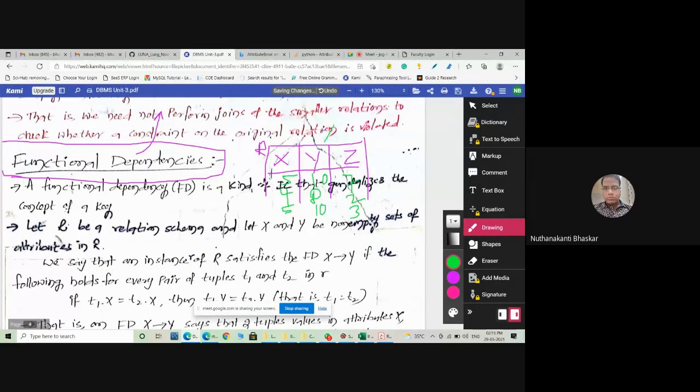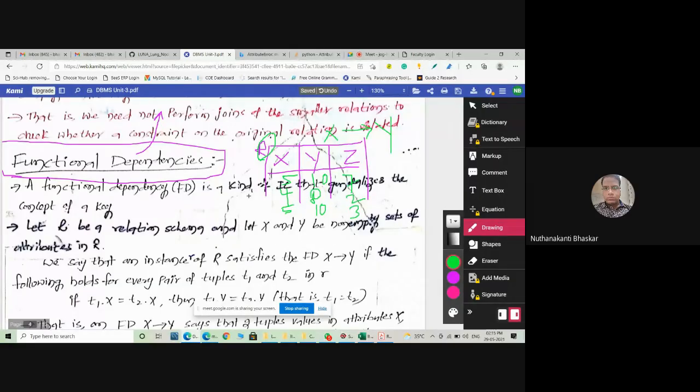So we can tell Y depends on X, and we write X determines Y. This is the functional dependency in this table, because all Y values must depend on X values in this relation R. So here we have identified the basic functional dependency, X determines Y.